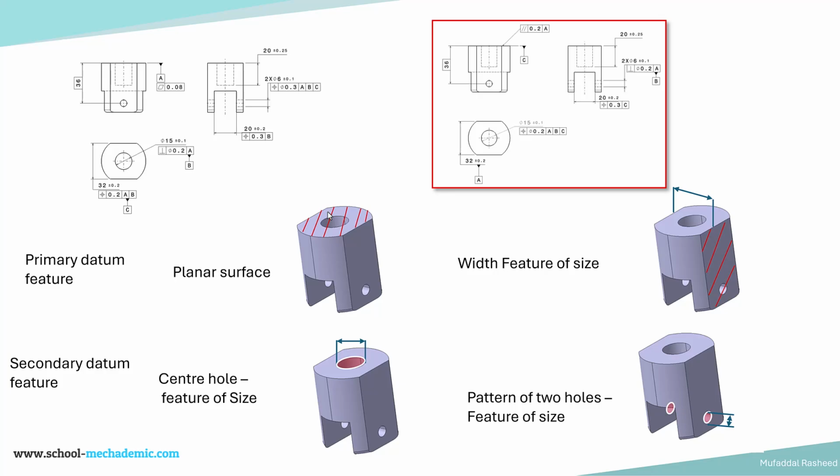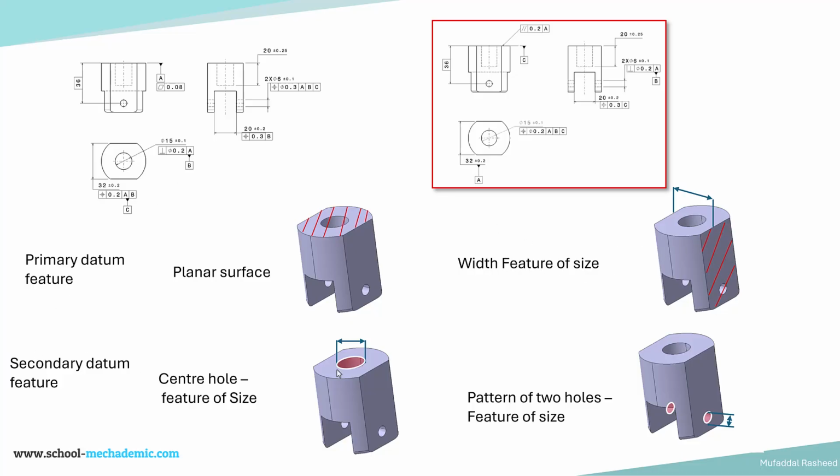Now this would be a case in which this surface is much more functionally important as compared to the width. So when the planar surface is coming into contact in assembly first, then this has to be selected as the primary datum feature. But if the external width feature of size is coming into contact in assembly, or it is more important in terms of its function of the component, then this width feature of size has to be selected as the primary datum feature.